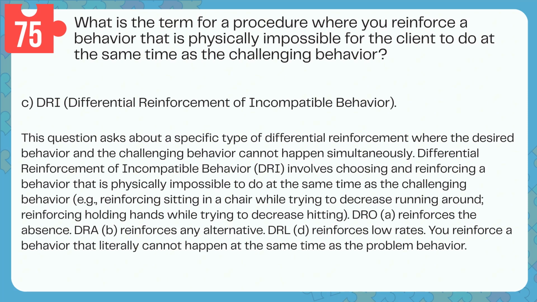DRO, A, reinforces the absence. DRA, B, reinforces any alternative. DRL, D, reinforces low rates. You reinforce a behavior that literally cannot happen at the same time as the problem behavior.